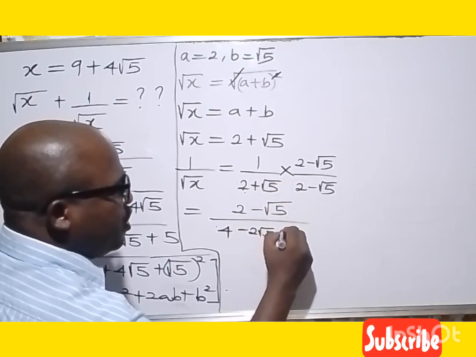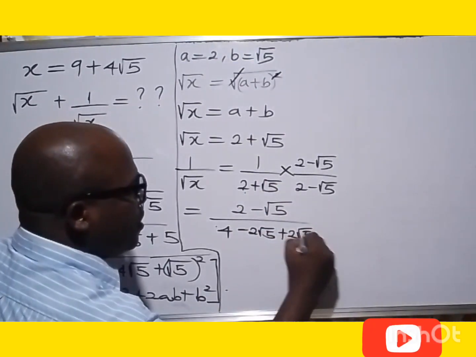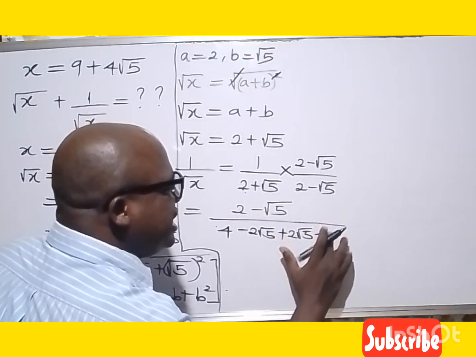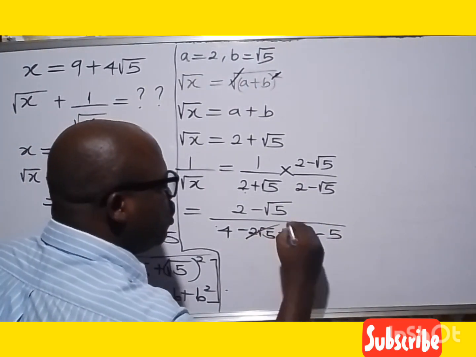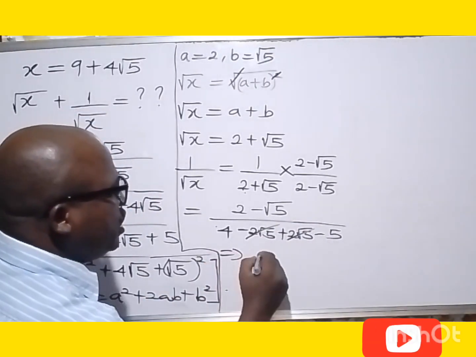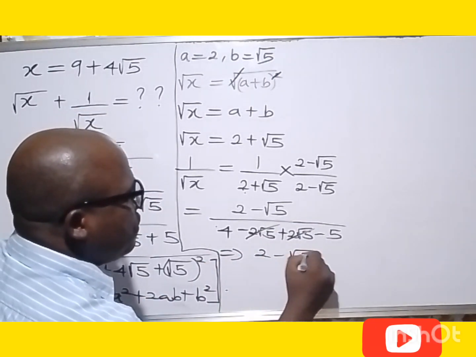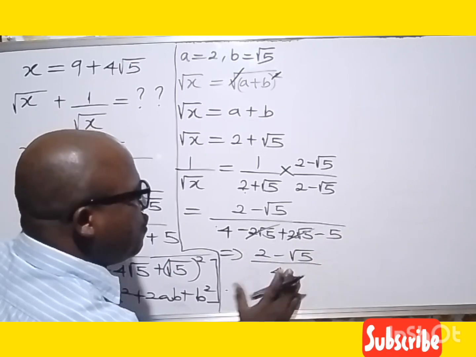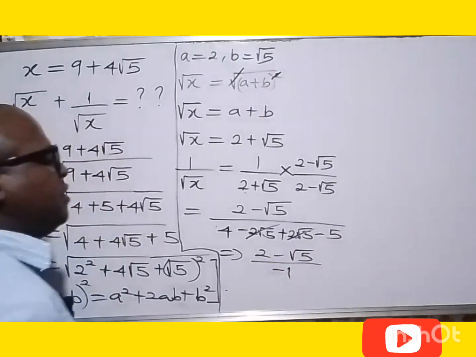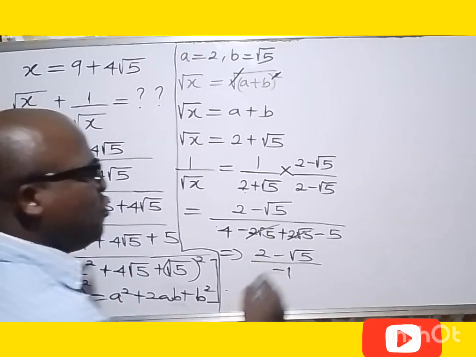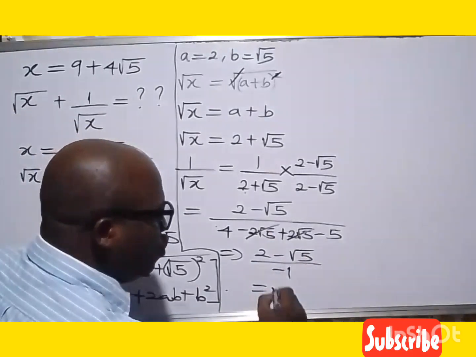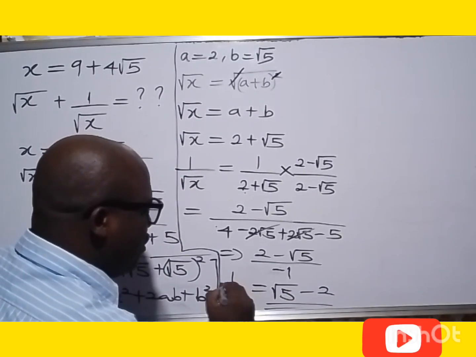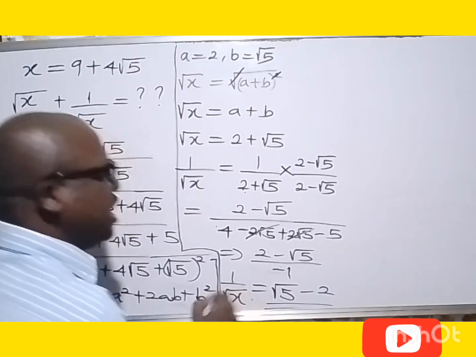Then this times this gives us plus 2 root 5. Then this gives us minus root 5 squared, which is 5. So these two will go, and we are left with 2 minus root 5 all over 4 minus 5, which is equivalent to minus 1. And by dividing this, we are going to have root 5 minus 2. That is the value of our 1 all over root x.